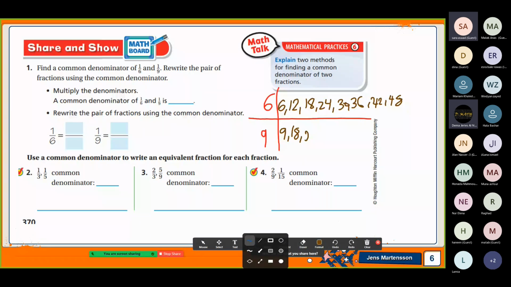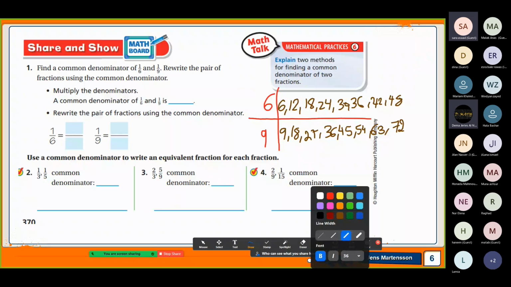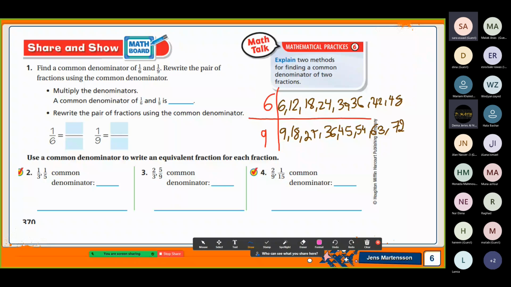Bravo. 36, 45, 54, 63, and 72. Now, what are the common multiples? 36 and also 18. So say one of them.